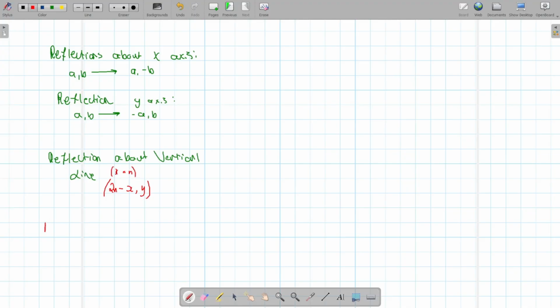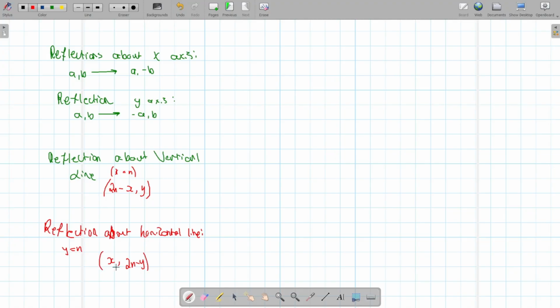How about a horizontal line? Reflection about a horizontal line, which is y equals n this time. Same thing, except x stays unchanged, but the y becomes 2n minus y.